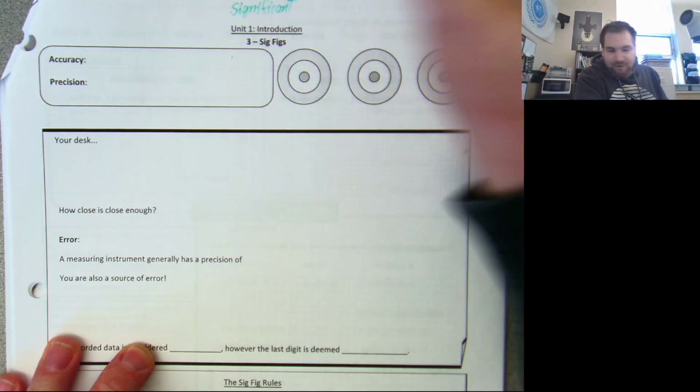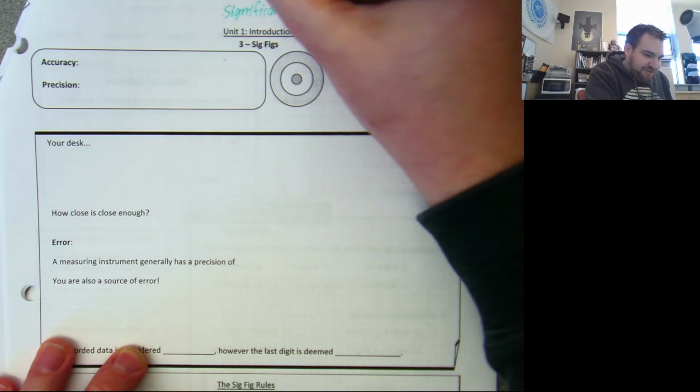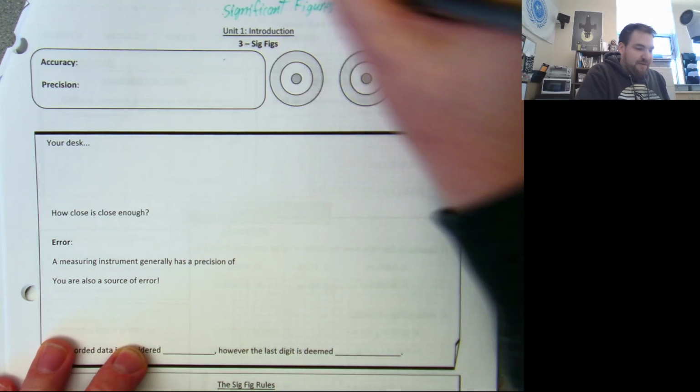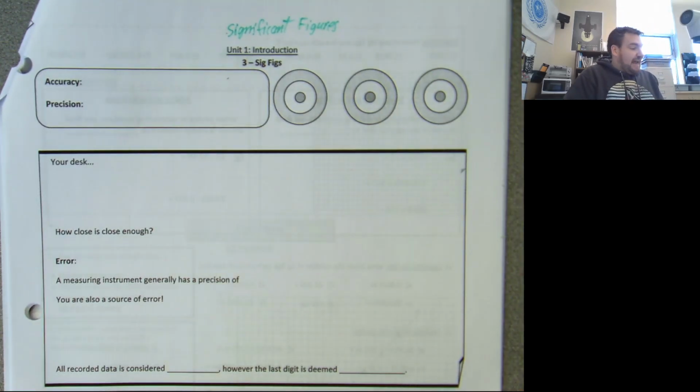Am I recording? I am recording. Really what it's asking us to do, or what we're going to talk about here, is which numbers we have that are actually important values. And in chemistry, sig figs are really, really important.